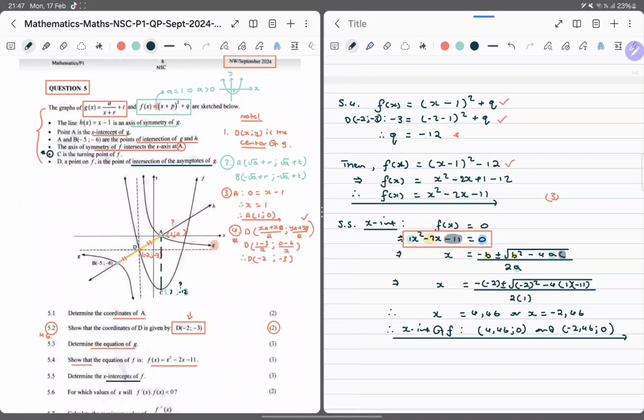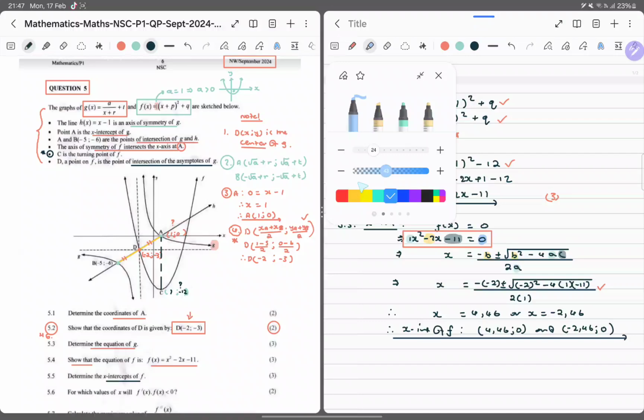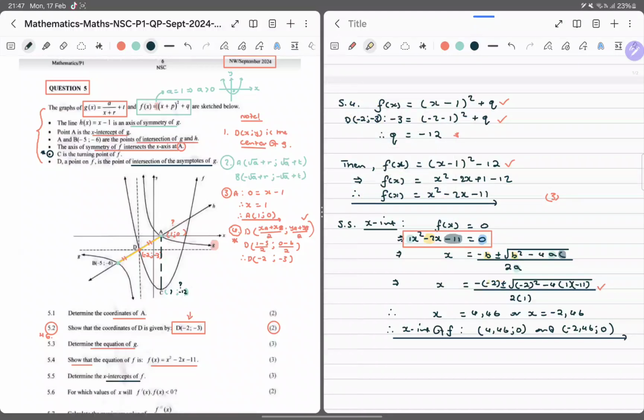Okay, but now the key step also is substitutions, because it's mark worthy. Show the formula and make sure the substitutions are correct. Don't find yourself substituting a minus 2 here, guys, for example, and then here you substitute just a 2. Because this is a square, it's not going to affect the answer.